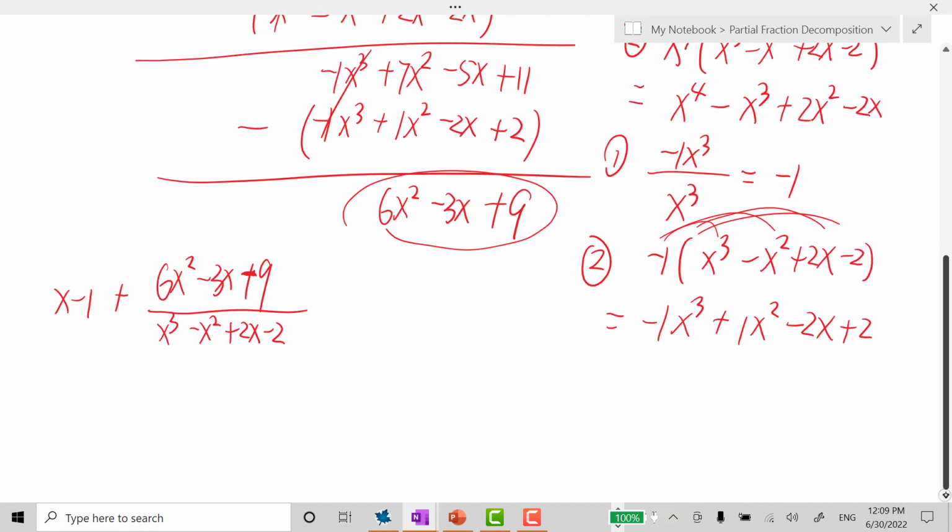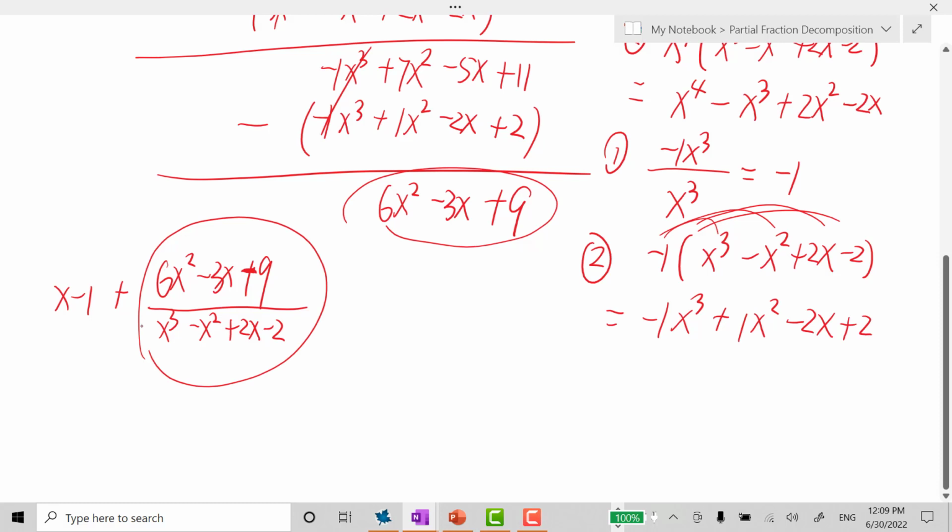So we're going to perform a partial fraction decomposition just on the fraction part.